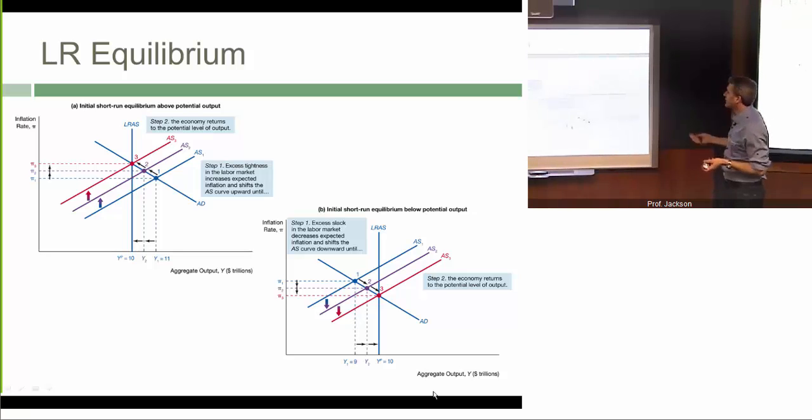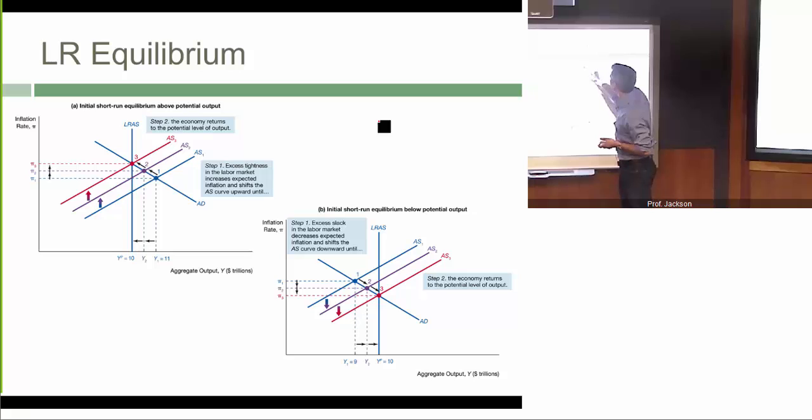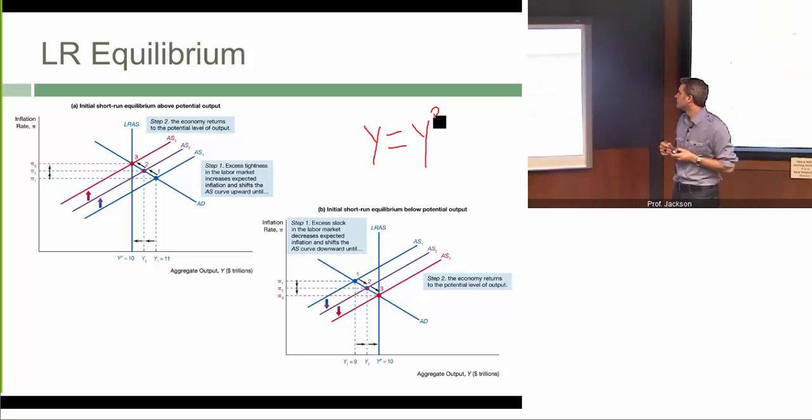And so the basic story that you've seen before is that if, for whatever reason, we're in a short run equilibrium that's not where output is equal to potential, this self-correcting mechanism is going to move us back towards our potential level of output. And so the basic story is that in a long-run equilibrium, we know that output is always going to be equal to potential output, whatever that may be, okay?